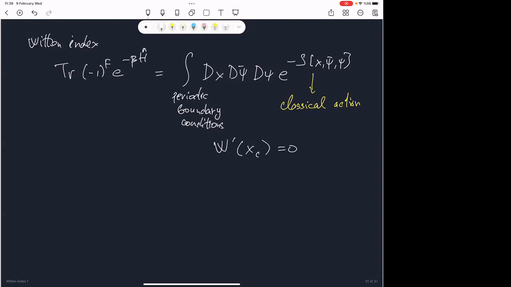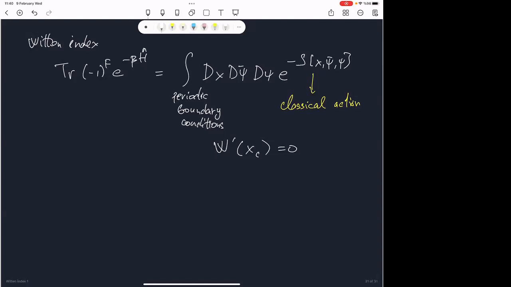This is the maximal contribution. Now we can consider quantum fluctuations around this critical point. This is the standard way to deal with all this stuff.